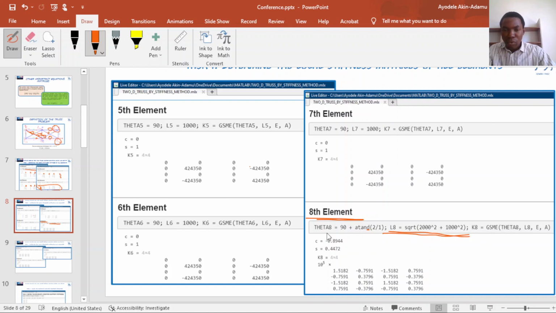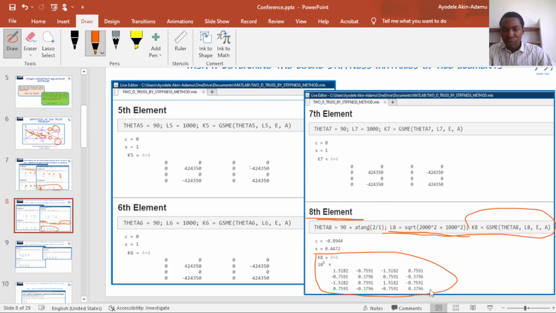Once we have computed theta and the length, we can now compute our local stiffness matrix using our GSME function. Once we run this code, the local stiffness matrix is computed for us and is defined in the variable called K8.